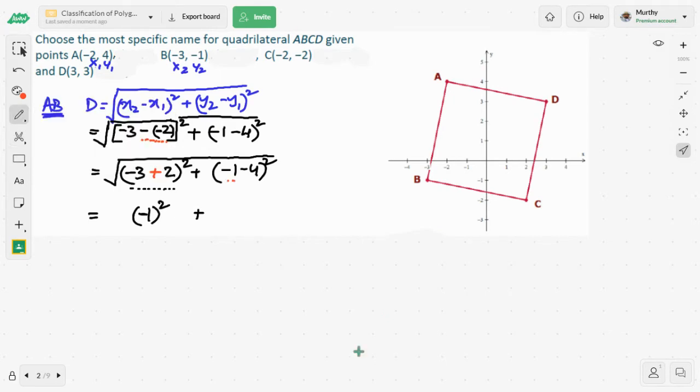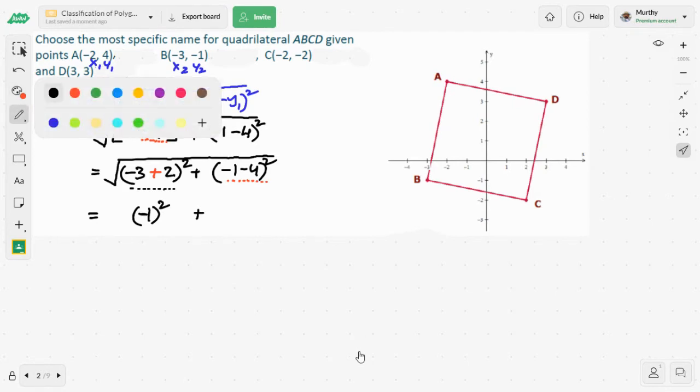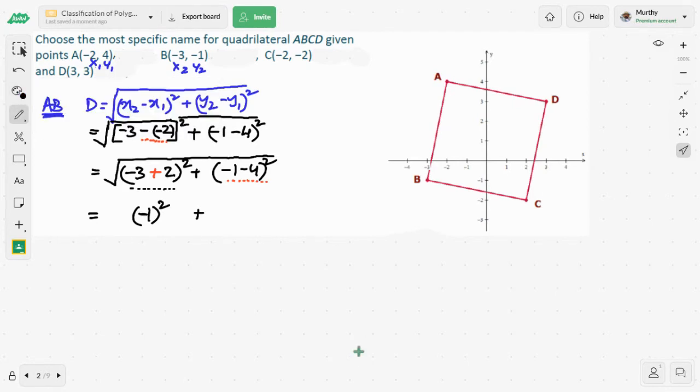Next, -1 and -4 have the same signs, both negative, so I combine them to get (-5) squared. Therefore, I'll get 1, and 5 times 5 gives 25. Then 1 plus 25 equals, so the square root of 26.